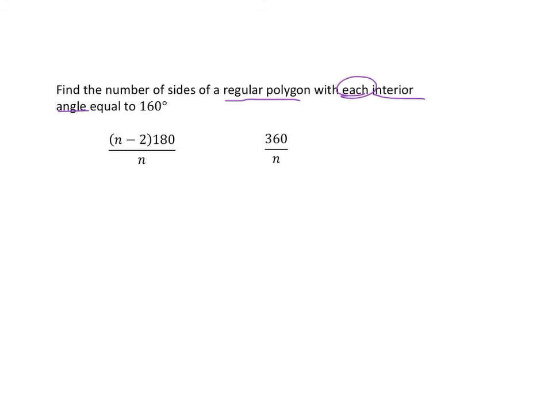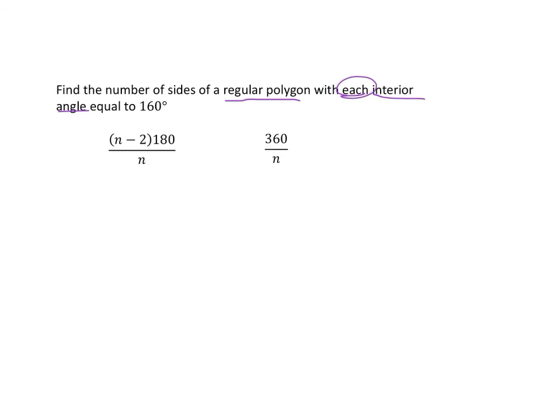So we consider the two formulas where we were dealing with each. We've got each interior, which is this formula here on the left, and then we've got each exterior, which is this formula on the right. Just based on the fact that we're dealing with each interior, you would think we're definitely dealing with this formula.